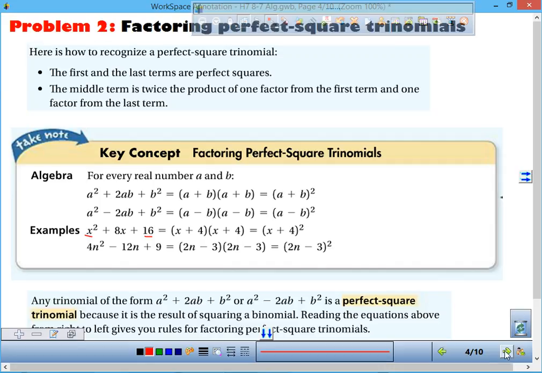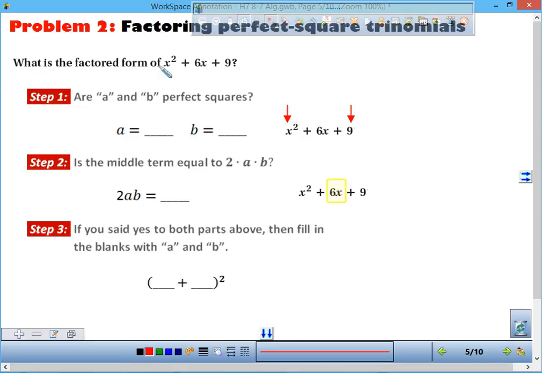So if you take a look at this first one, x squared plus 6x plus 9. Is A a perfect square, and is C a perfect square? It says A and B, but what A and B would be are the square roots of these.